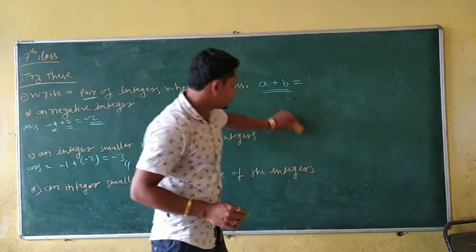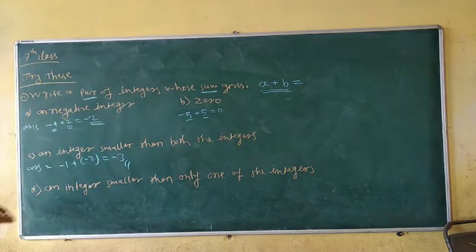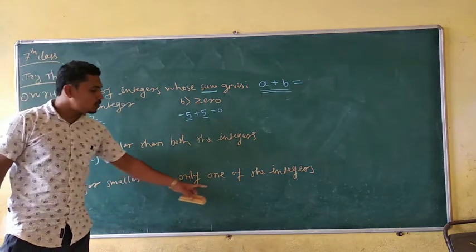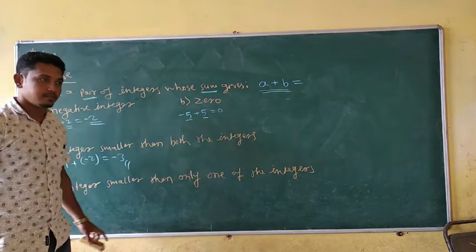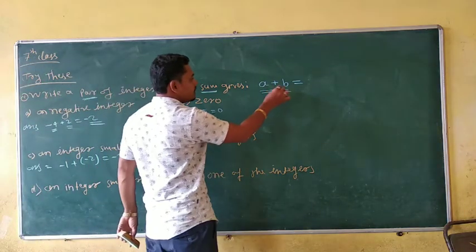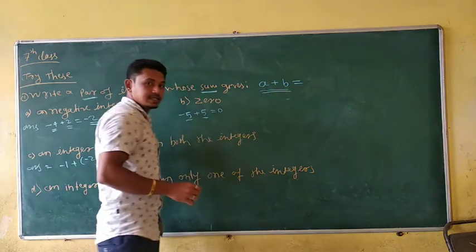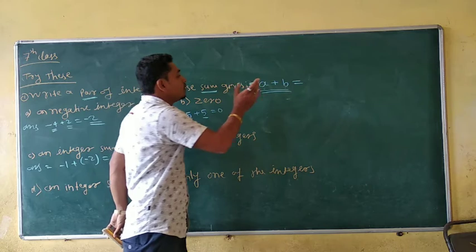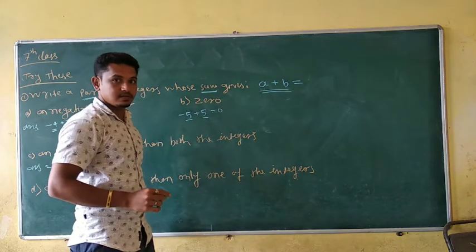Right? Next, D: an integer smaller than only one of the integers. Here these are the two integers and their sum is smaller than only one of these integers.